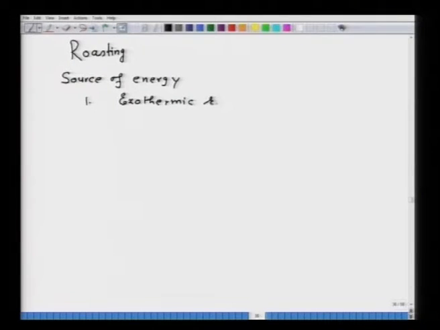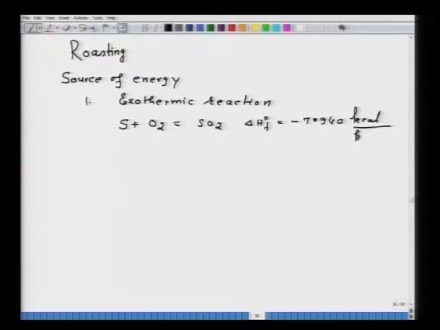For example, S plus O2 gives SO2, and delta H0f at 298 is equal to minus 70,940 kilocalorie per kg mole, a highly exothermic reaction.